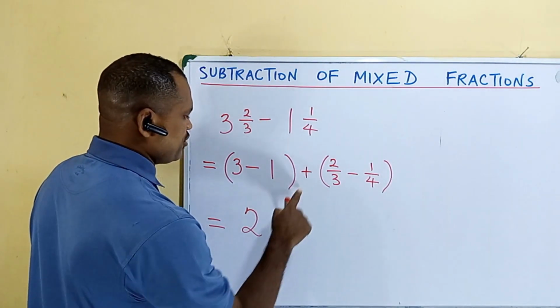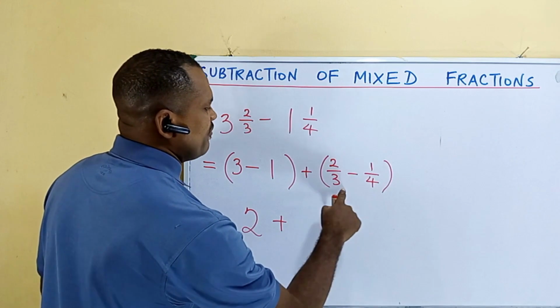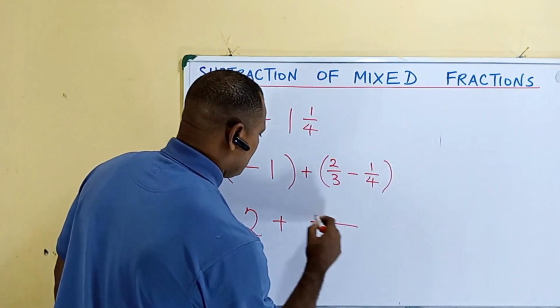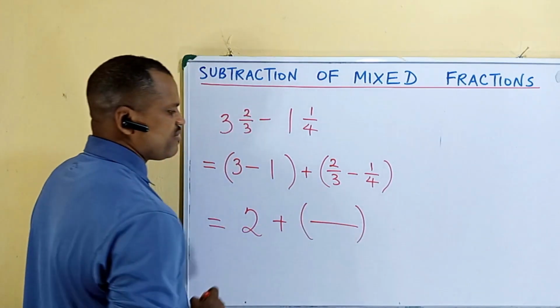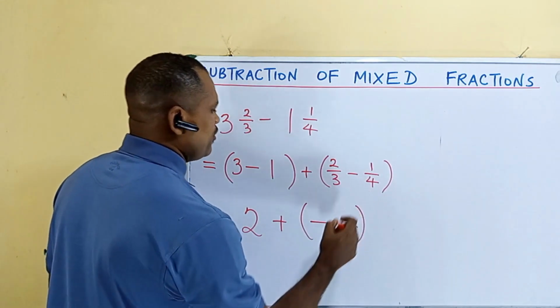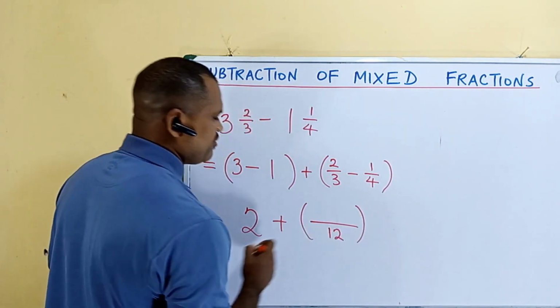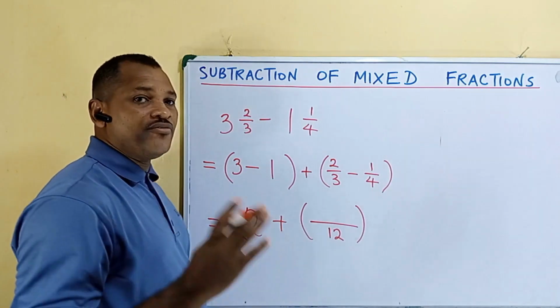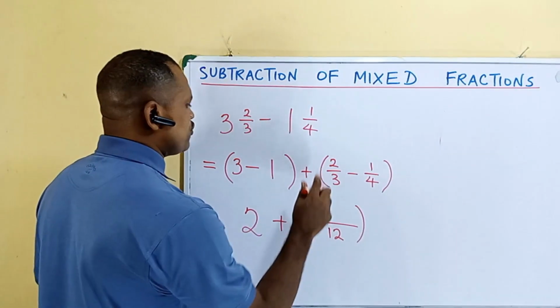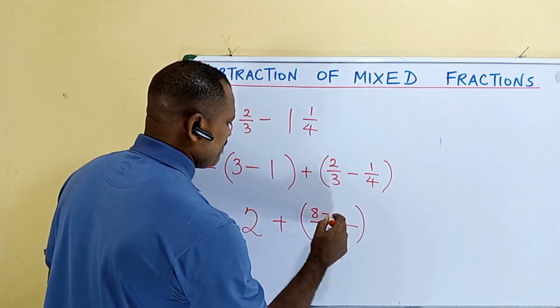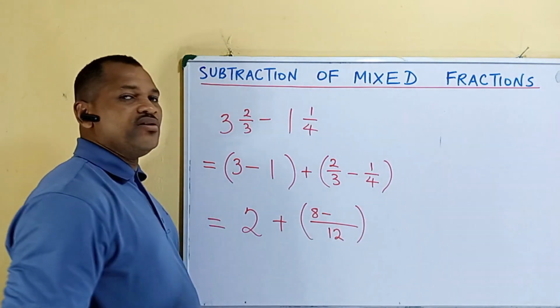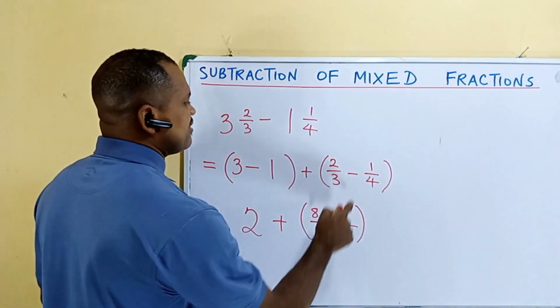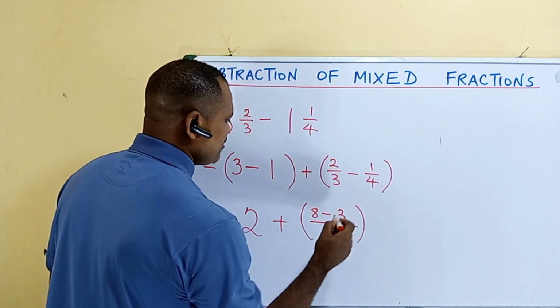Plus, LCM of 3 and 4. We will do it like this. LCM of 3 and 4 is 12. 3 into 12, 4 times. 4 times this 2 is 8. Minus 4 into 12 is 3 times. 3 times this 1 is 3.